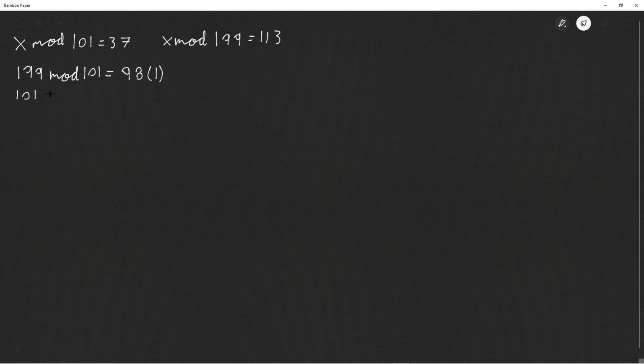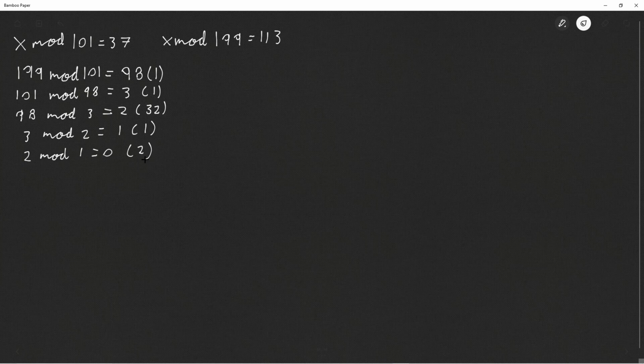And then we'll get 101 modulo 98, which will be equal to 3, and again 98 goes in 101 one time, and now we get 98 modulo 3, which will equal 2. However, 3 goes into 98 32 times, and then we get 3 modulo 2, which is 1 with 1, and then 2 modulo 1 is 0. However, since it is equal to 0, this row does not matter, and we can discard it.